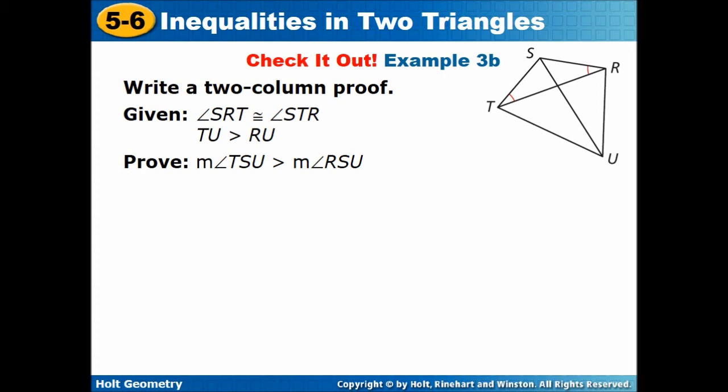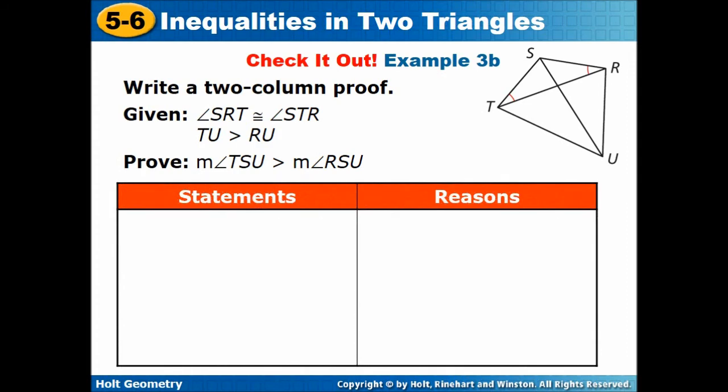They also tell you that line segment TU is greater than RU. So you must prove that the measure of angle TSU is greater than the measure of angle RSU. You're doing this as a proof. Okay? So please go ahead, stop the video if you need to. This also happens to be the last slide in this particular series.